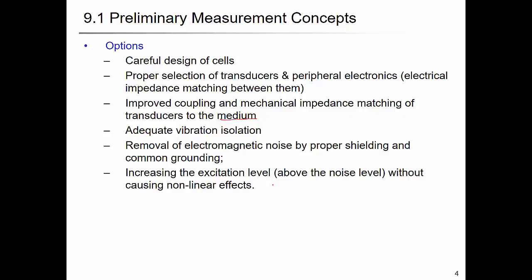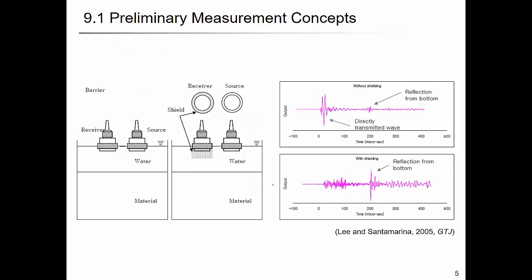Now that you're disturbing the soil... So you don't want to disturb the soil. And this is one example of the isolation. Here you have an ultrasonic transducer, the source, and the receiver.